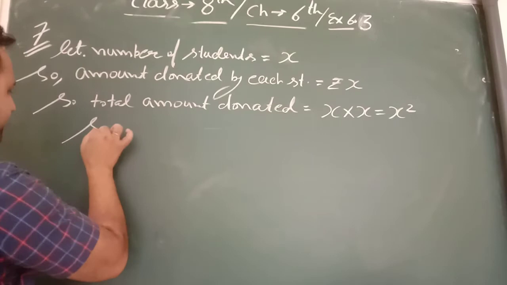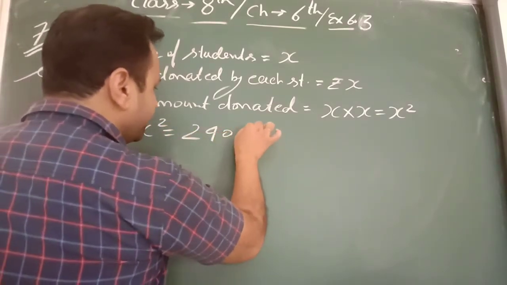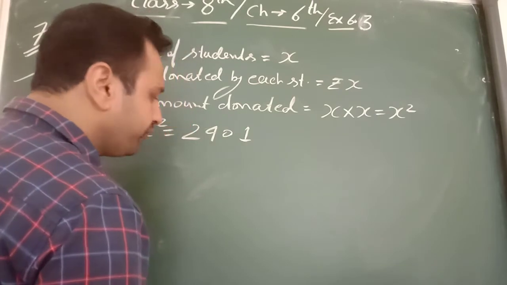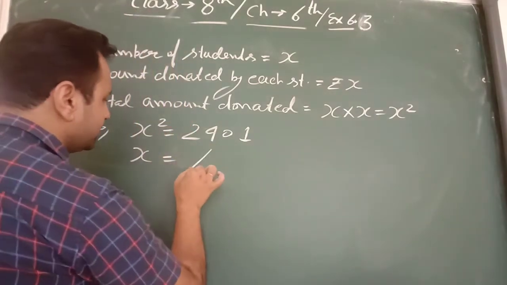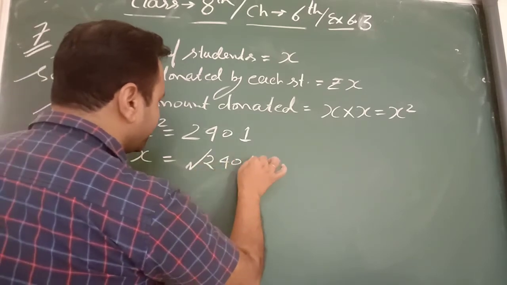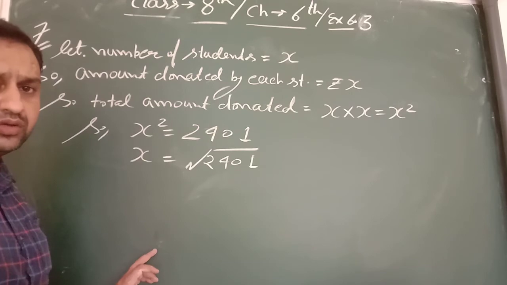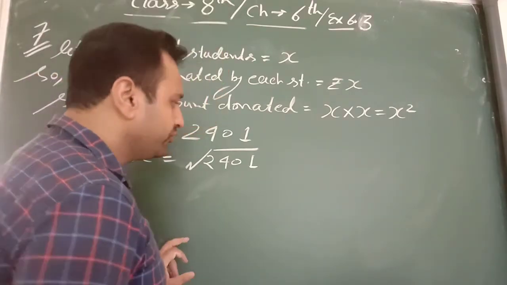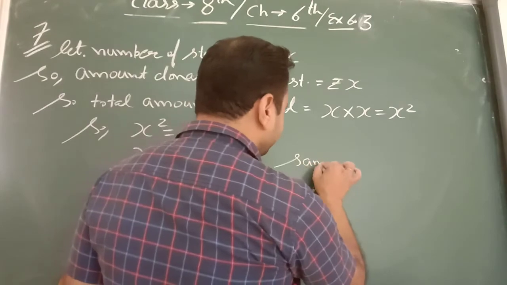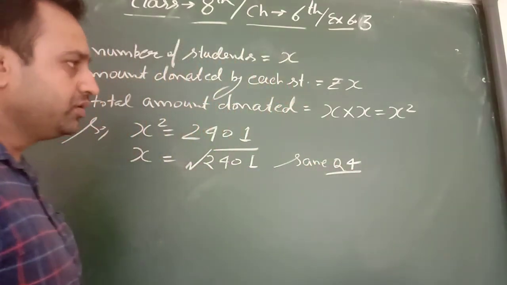So we can say that x square is equal to 2401, and obviously if we have to find x, then it is the square root of 2401, and we can find its square root using the prime factorization method. Same as question number 4. Note it down.